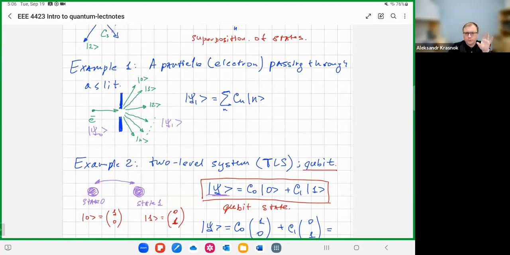Before we do the measurement of the particle in a particular state, we have to take into account all these states at the same time. Experiment tells us that the particle does not actually go into just one of the states. It goes into all of these states at the same time.